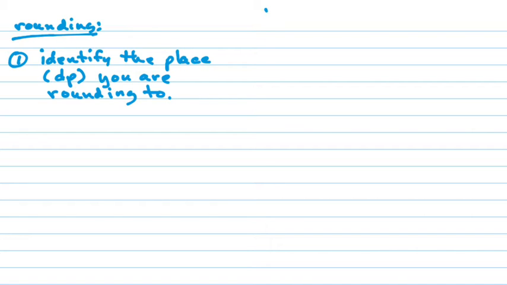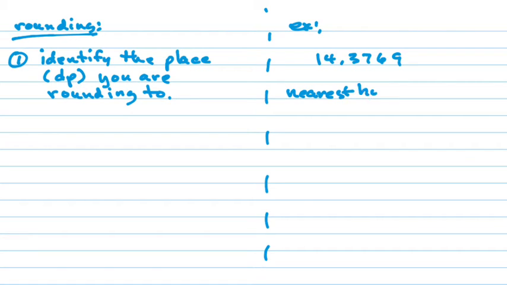So I'm just going to put an example here. Say we have 14.3769. Who cares, right? Now, let's say we're told to round this to the nearest hundredth, or that could be written as 2 DP, 2 decimal places.